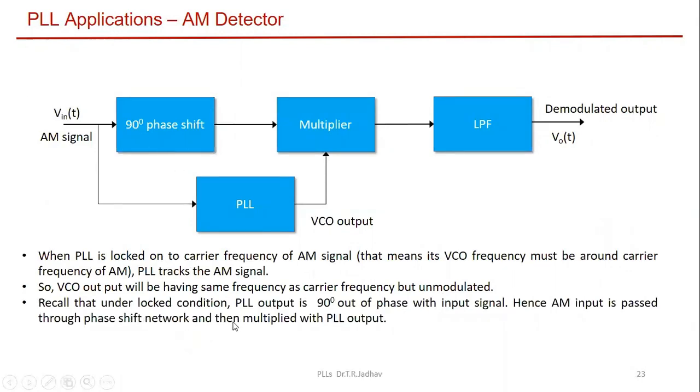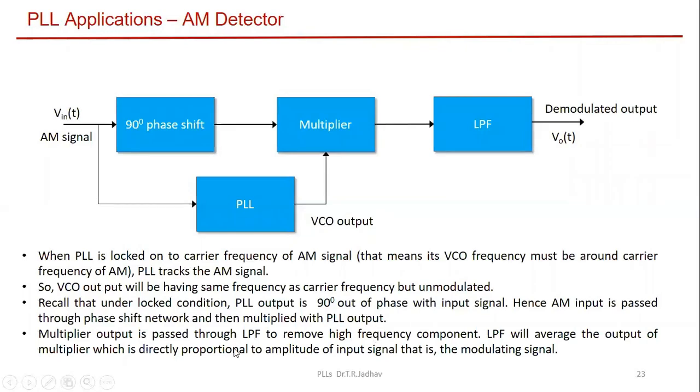Recall that under lock condition, the PLL output is 90-degree out of phase. As I told you, this is 90-degree out of phase, and just to match this 90-degree phase shift, we have to deliberately pass the AM input through a phase shift network of 90 degrees. And then we give the output to the multiplier. So the multiplier does the rest of the part.